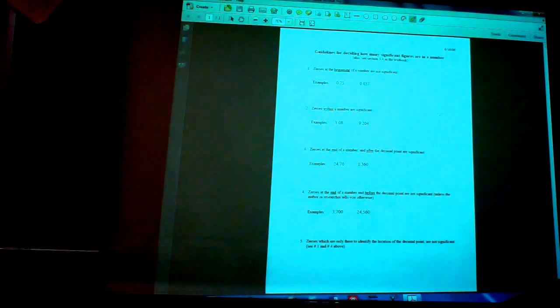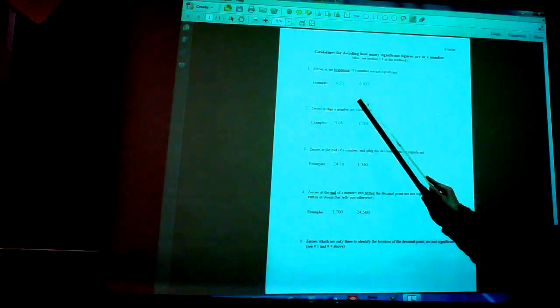All right, is everybody on page 6 in the workbook? All right, so there are 5 guidelines that help you determine for a given number, or in our case a given measurement, how many of these digits that you're seeing are actually significant. Okay, so let's go through these examples.